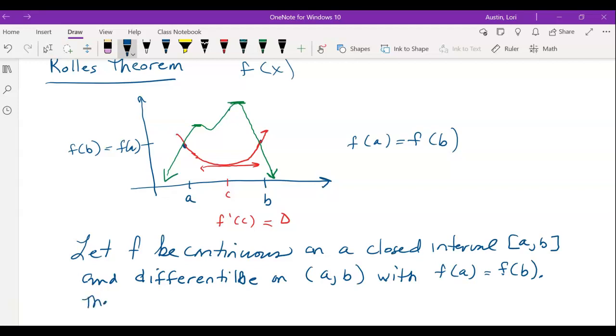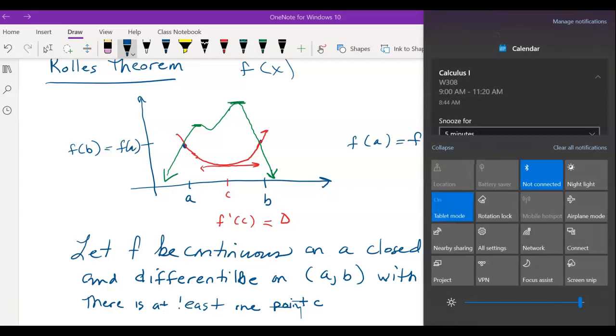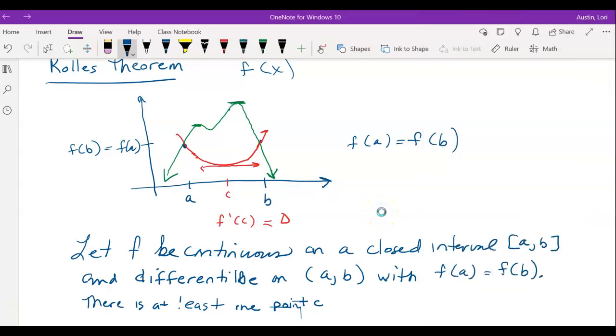There is at least one point C such that f prime of C equals 0.